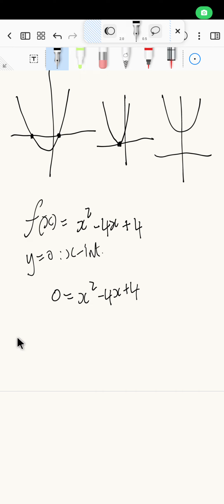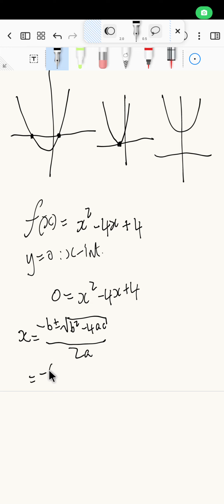For the sake of the explanation, we're going to go with the quadratic formula: x = (-b ± √(b² - 4ac)) / 2a. Let's do the substitution.